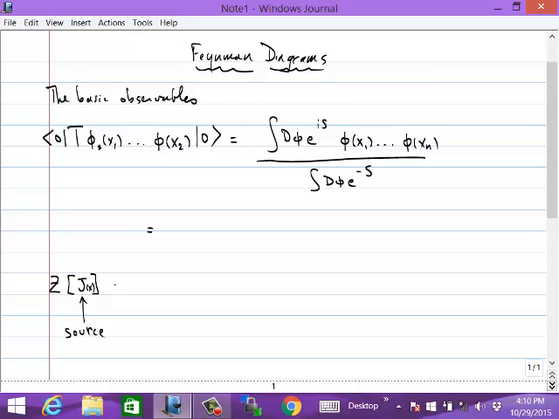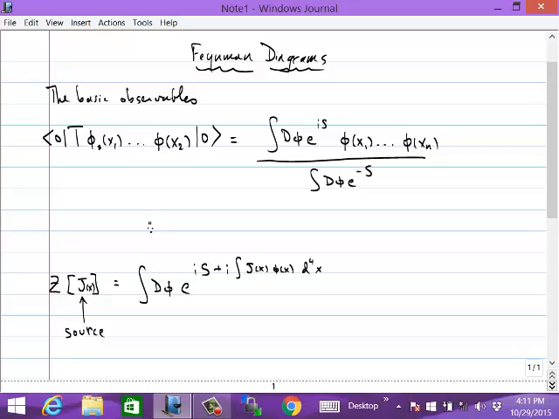And Z of j is simply defined to be the field theory path integral with the insertion of an additional term that couples j to our field phi.